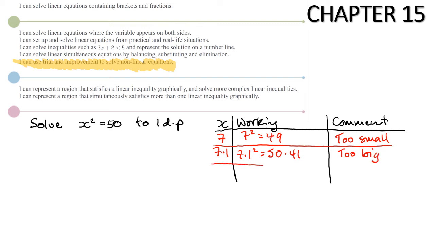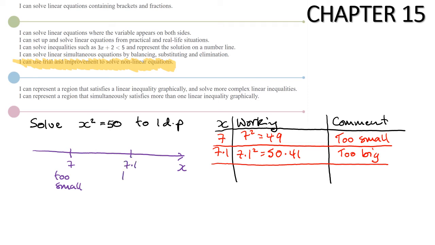We're going to try something a bit smaller. But because we are trying to find an answer to 1 decimal place, we've decided this is our value of x. We've decided that when we tried 7, it was too small. I know that when I tried 7.1, it was too big.